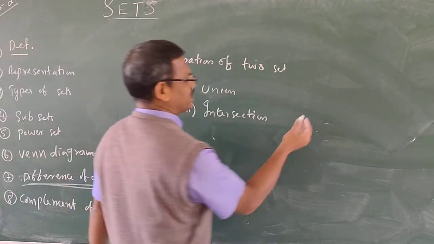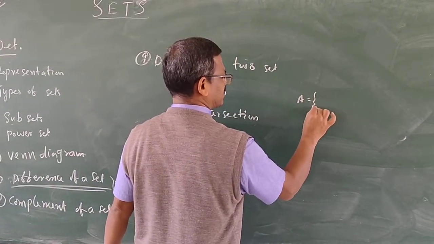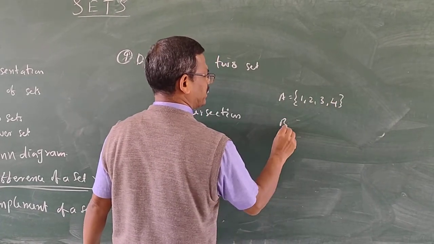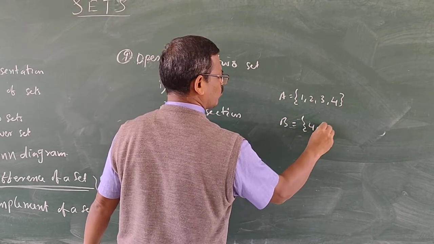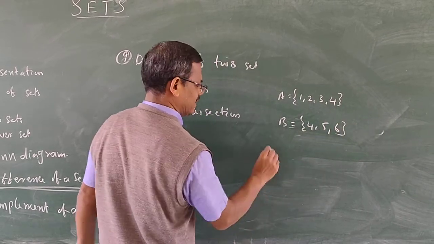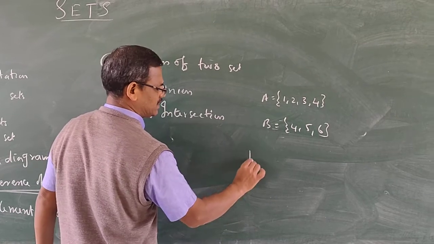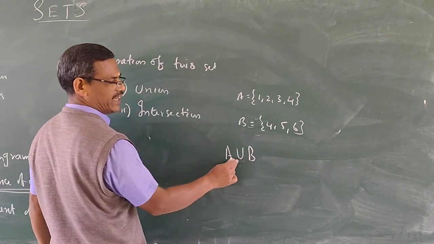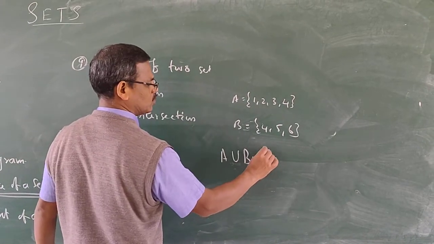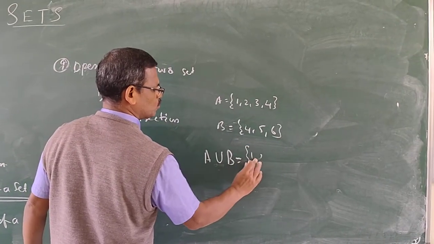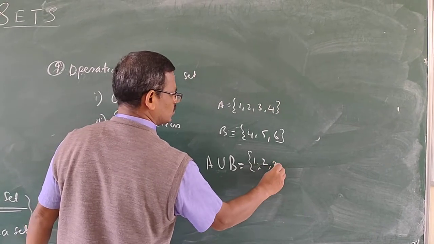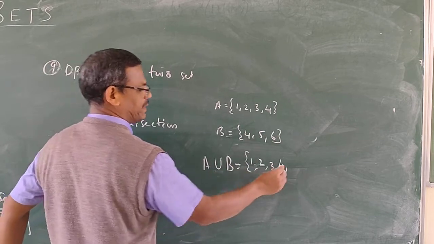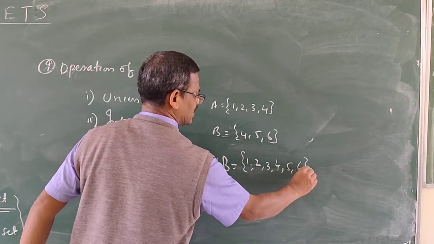Union means, suppose I just take an example and then explain the definition. Say A is equal to {1, 2, 3, 4} and B is equal to {4, 5, 6}. Then A union B is denoted like this. This is the symbol used for union. A union B is equal to {1, 2, 3, 4, 5, 6}. 4 is there, but you need not write it repeatedly.